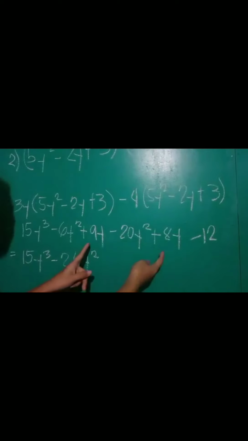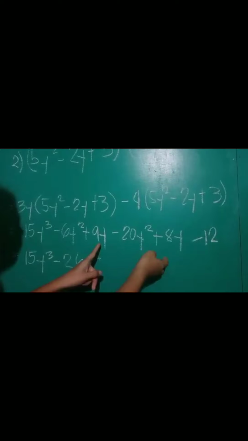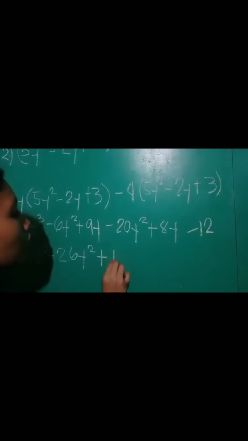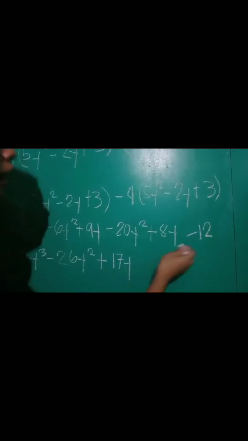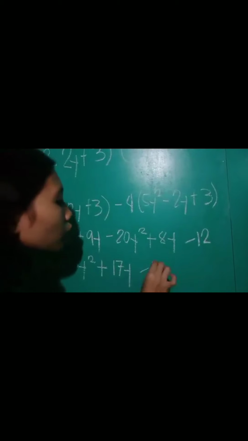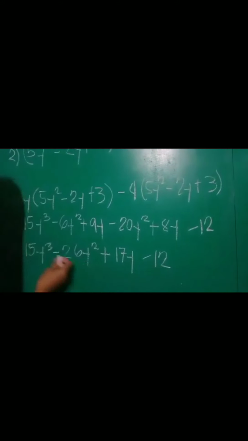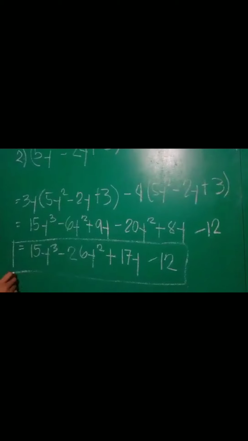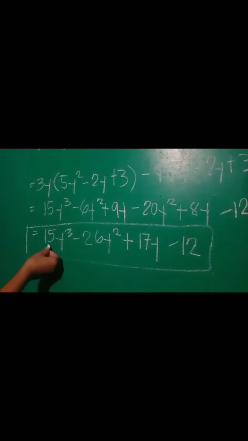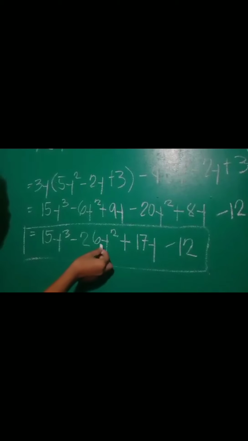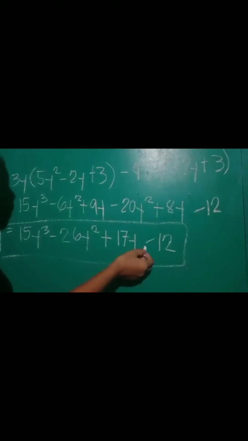Again, like terms: 9y and 8y give positive 17y. And lastly, negative 12. So this will be our final product: 15y cubed minus 26y squared plus 17y minus 12.